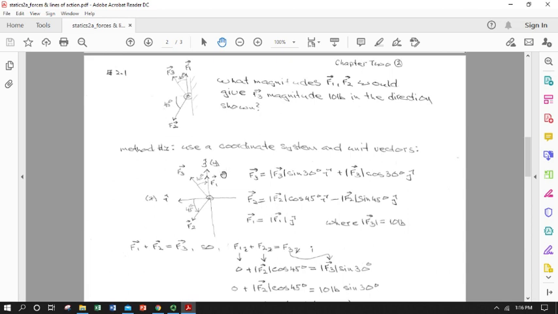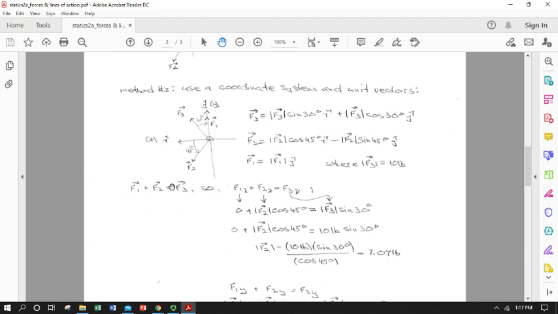But we want to know the magnitudes that would give an F3 in the direction shown. So I'm going to have an equation that relates everything in the x, and I'm going to have an equation that relates everything in the y. I'm circling with my mouse around the y part. So I have two equations. I have two unknowns. Yay! I can solve this.